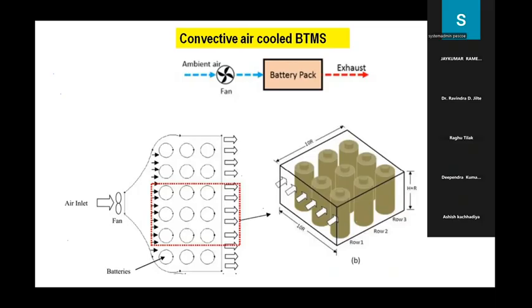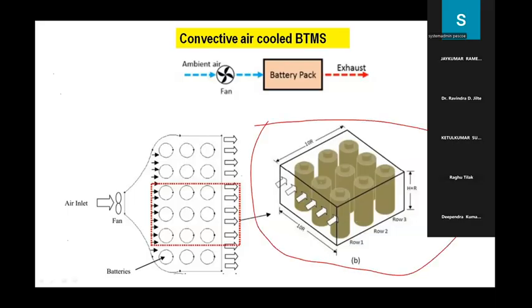For example, in order to reduce the computational time, the simulation time, or the fabrication of the entire battery pack, we can take a piece or subsystem of the battery and analyze it. Here we have taken only 9 batteries, kept in an inline arrangement.